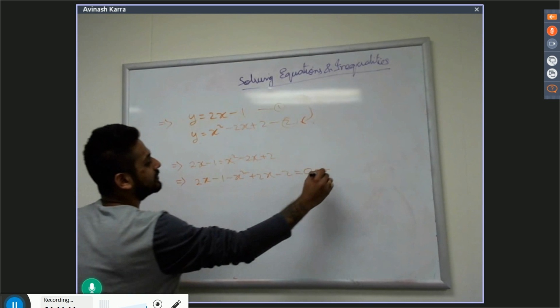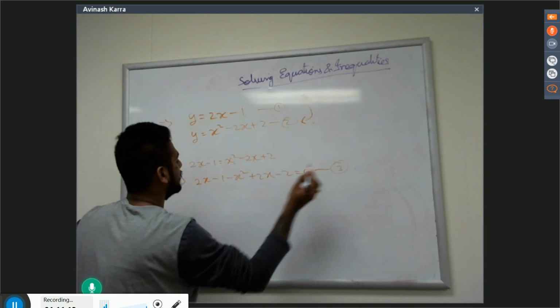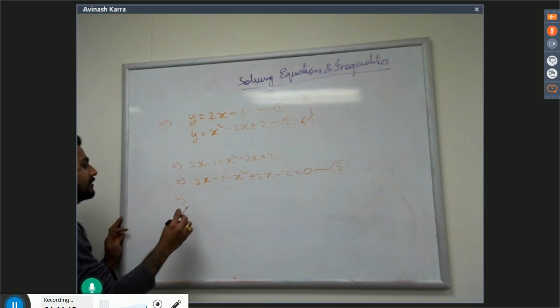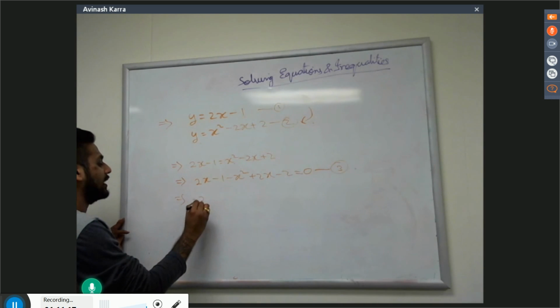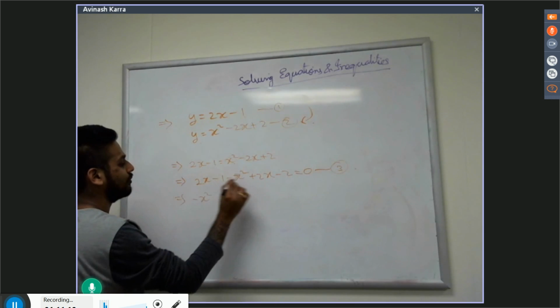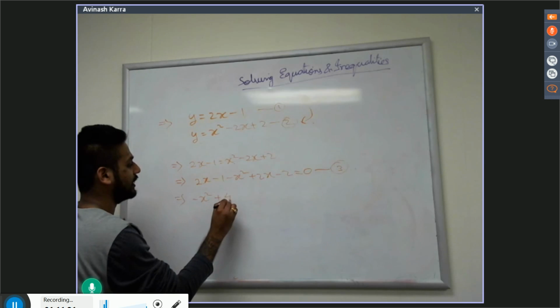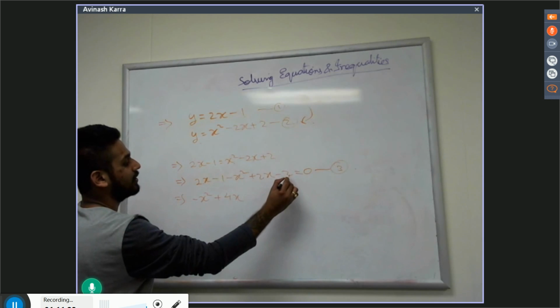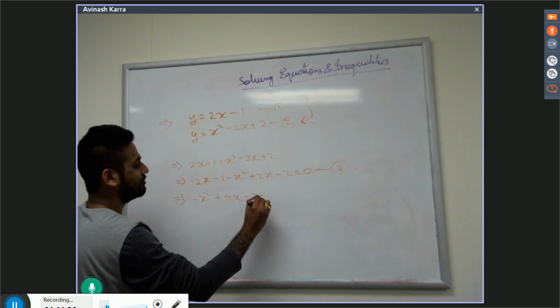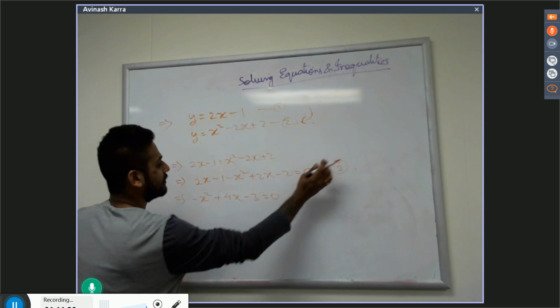Is it clear? Minus x squared, 2x plus 2x becomes 4x, minus 1 minus 2 becomes minus 3, equal to 0.